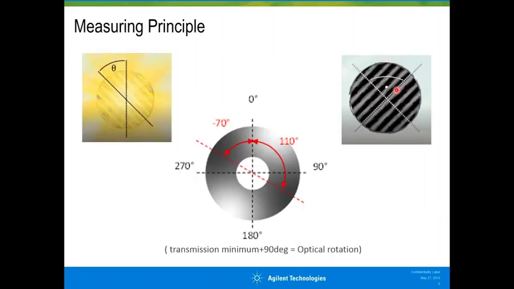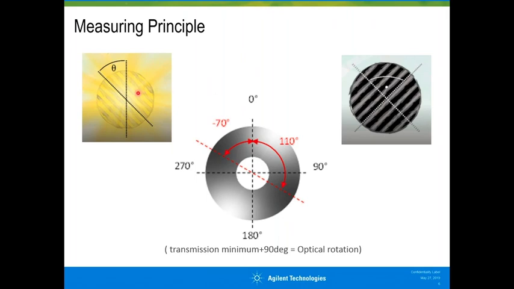Let's talk in detail about the measuring principle. This is an image of an analyzer, the second polarizer. We can see it from the front side, and imagine that behind this filter you have your light source. Suppose we rotate this second polarizer such that the maximum light can pass through.